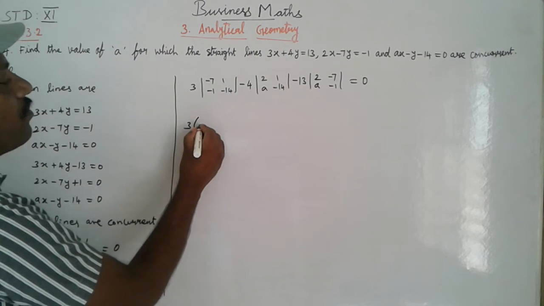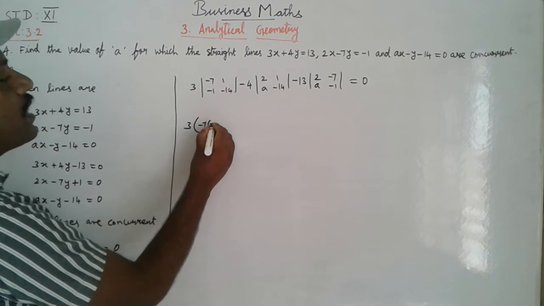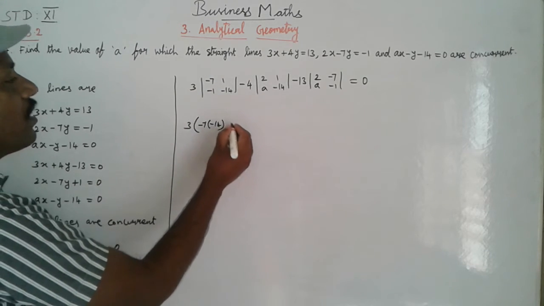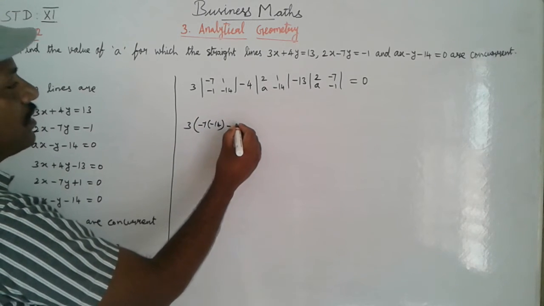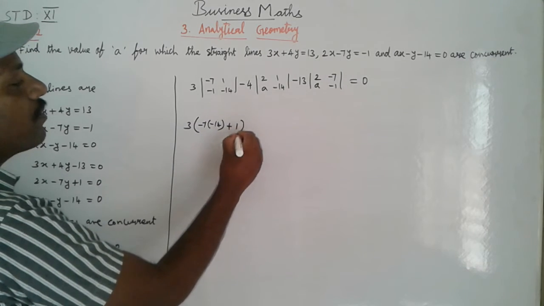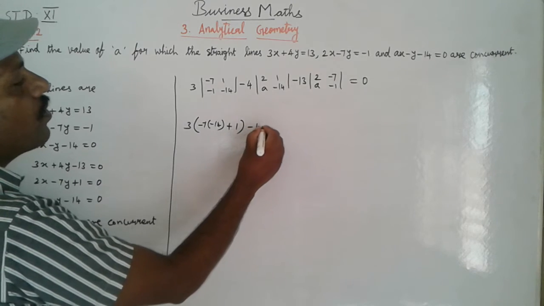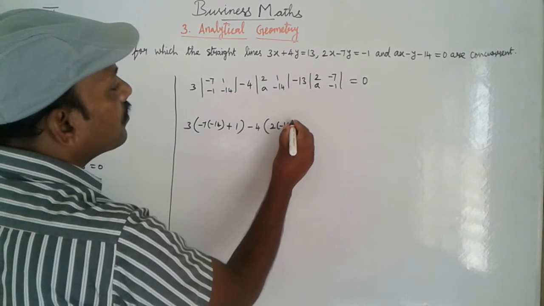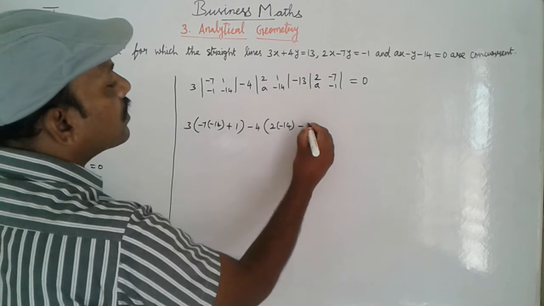So 3 into (7 into 14, minus 7 into -14... that is, -7 times -14 is 98) minus (-1 into 1) is plus 1, minus a... Now minus 4 times (2 into -14 is -28, minus a into 1 is a, so -28 - a).